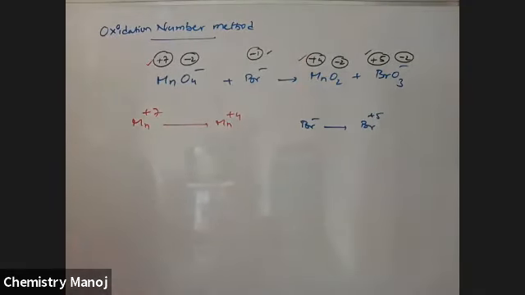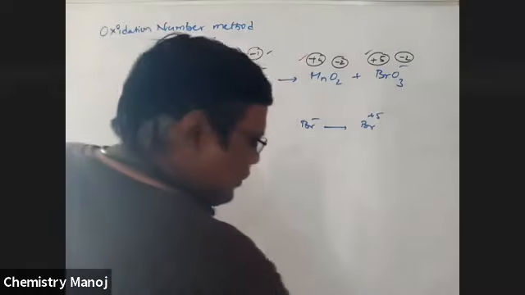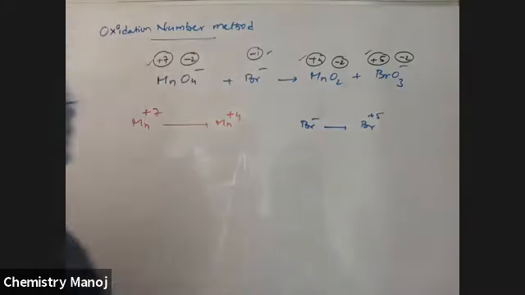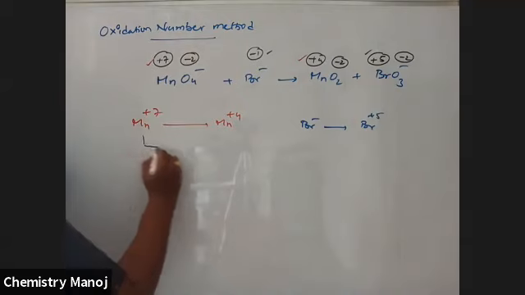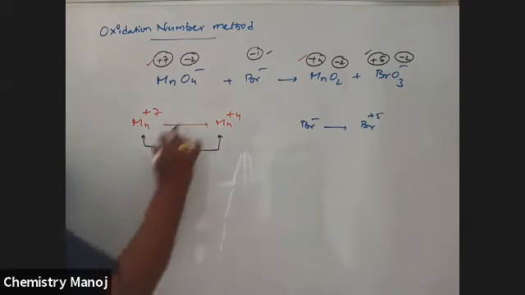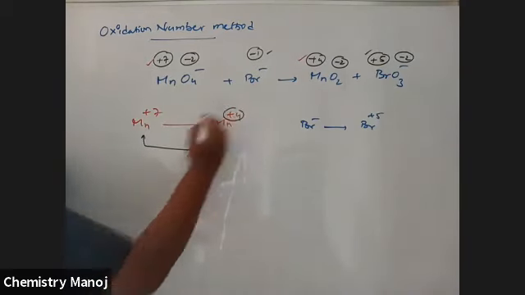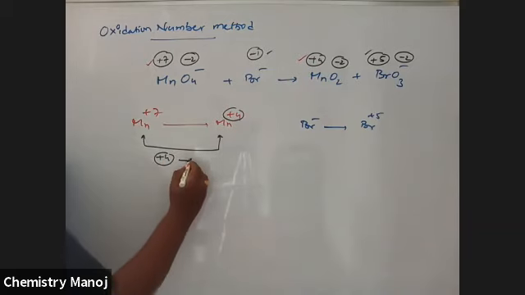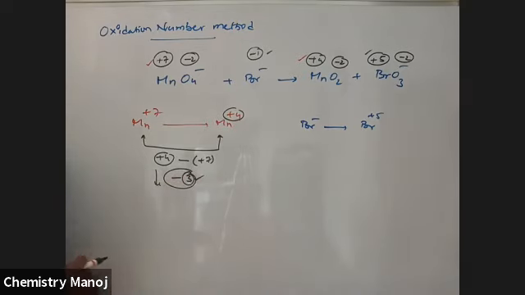Next, the difference in oxidation number is product value minus reactant value: +4 minus +7 is -3. The value is decreased by 3.